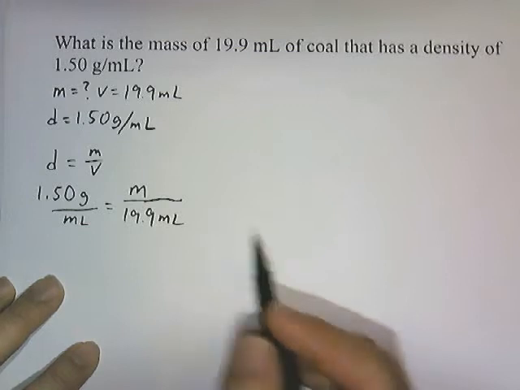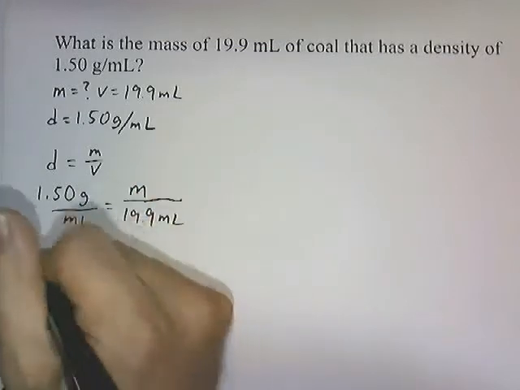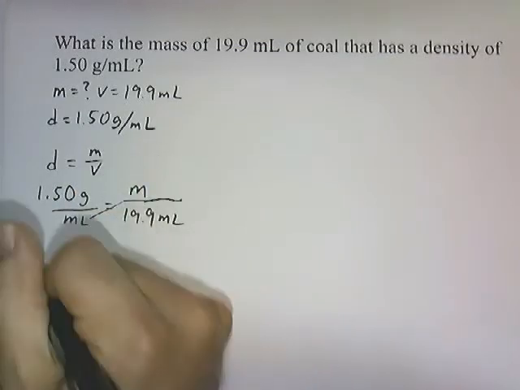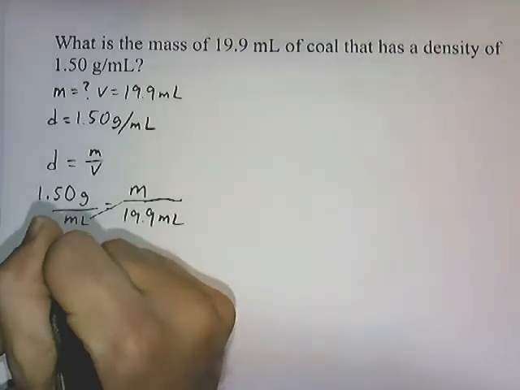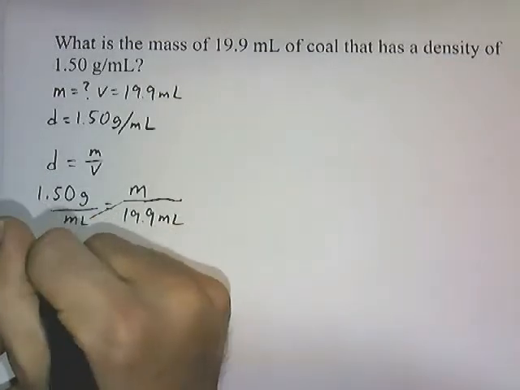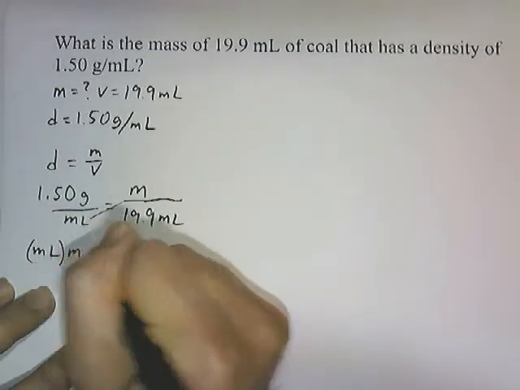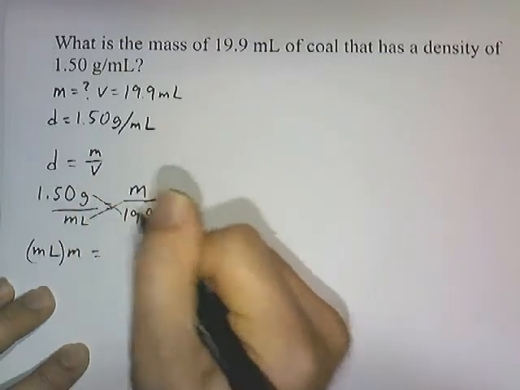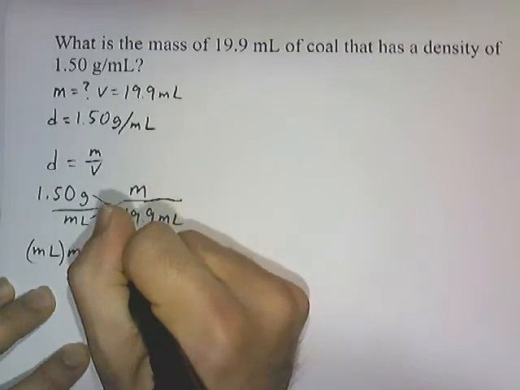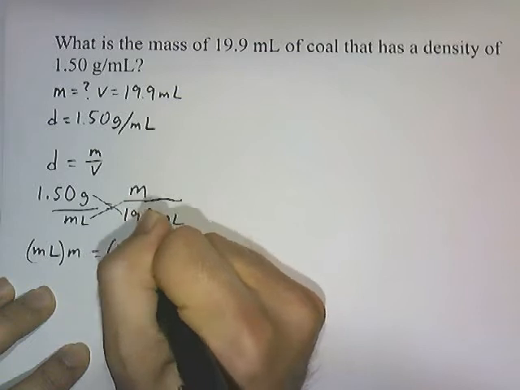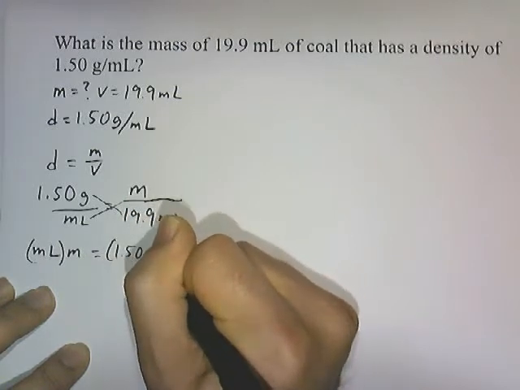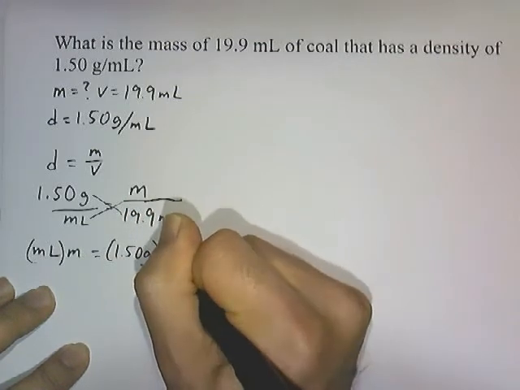Okay, so what do we have here? We're going to have ml times m. So I'm going to cross multiply these guys. ml times m equals these two things. 1.50 grams times 19.9 milliliters.